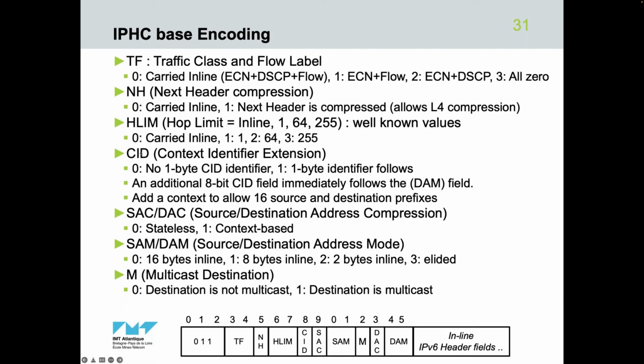Next, we have what is called the CID field, which stands for Context Identifier Extension. It adds a context to allow 16 source and destination prefixes by default. If the CID is equal to 1, then it means that we do have a context.